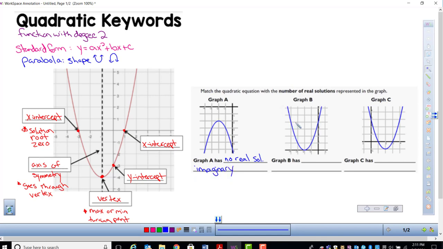Then sometimes we have a parabola that looks like this, where there's only one x-intercept. So we can just say this one has one solution. And graph C is kind of like the one we have over here. There's two x-intercepts, so there are two solutions. So you'll see as we get into quadratics that many of our quadratics will have two solutions. Some of them will only have one solution, and some of them will have imaginary.